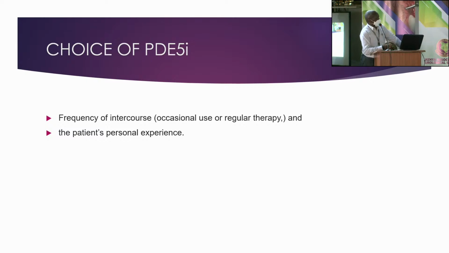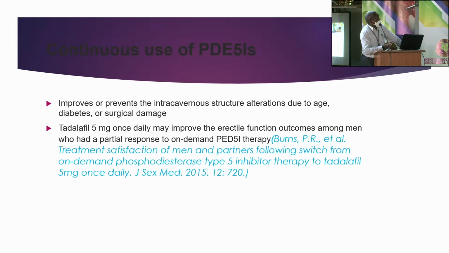So what about the choice of a particular PDE5 inhibitor? What influences the choice? The choice may be influenced by the frequency of intercourse. You might have an occasional user or a regular patient who requires regular therapy, and also the patient's personal experience.